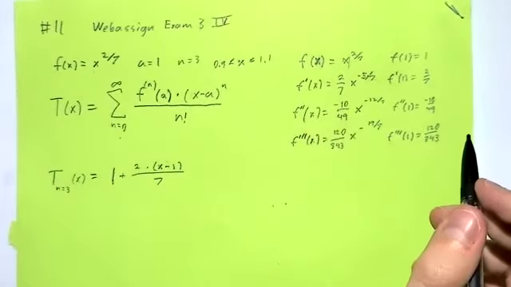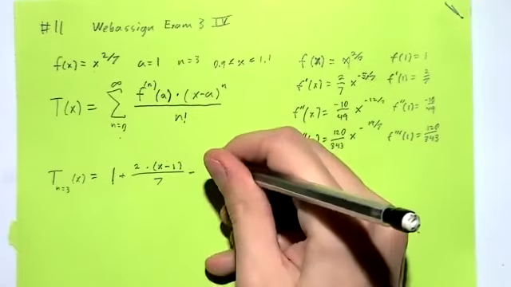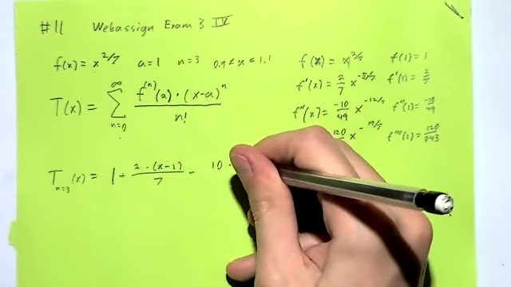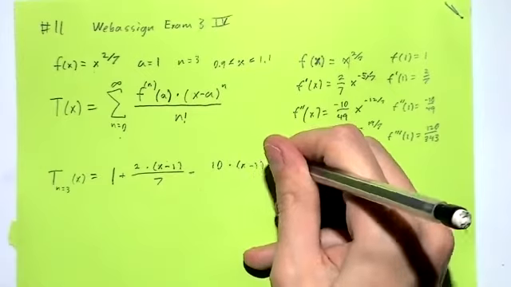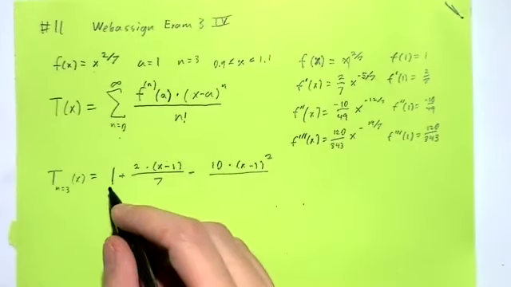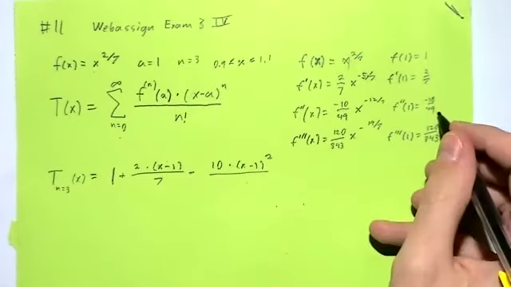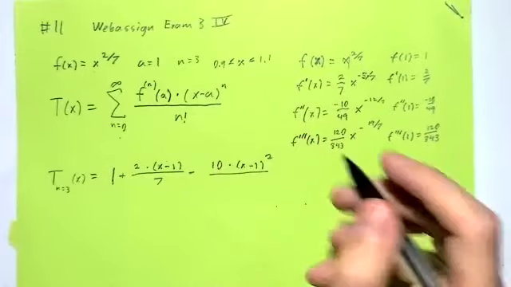Now we have negative 10/49. Not a fun one. So we have minus 10. Again, I'm going to save it for the bottom, which is nice for keeping your work neat. So now it's 49 times 2 factorial, so we take 2 times 49, which is 98.